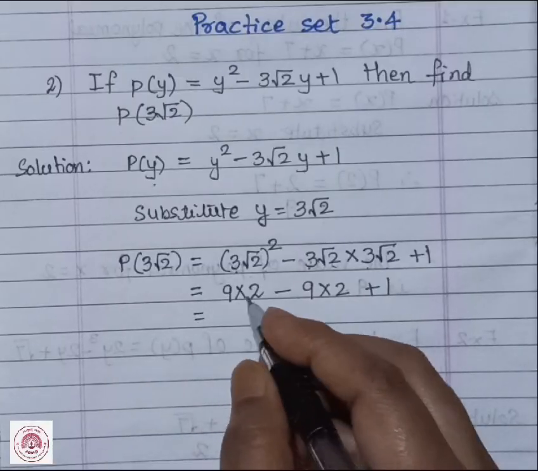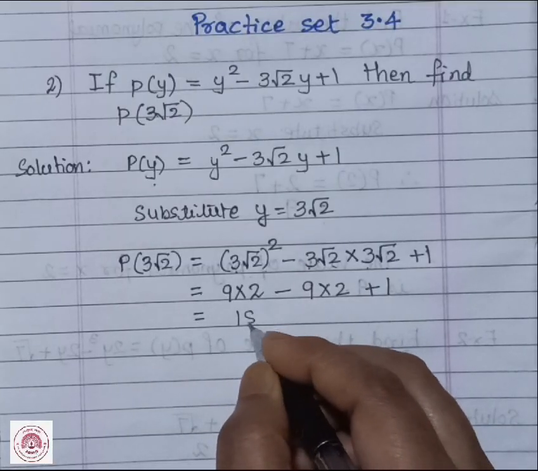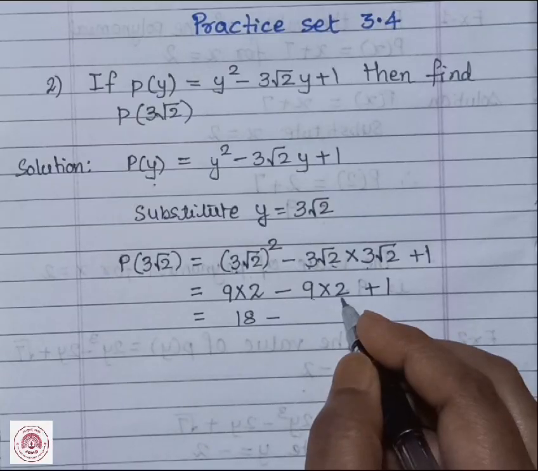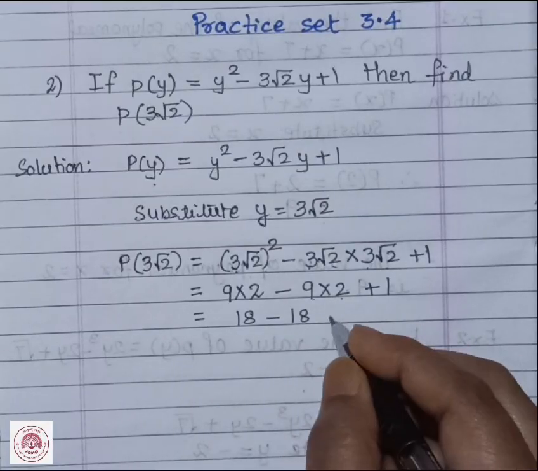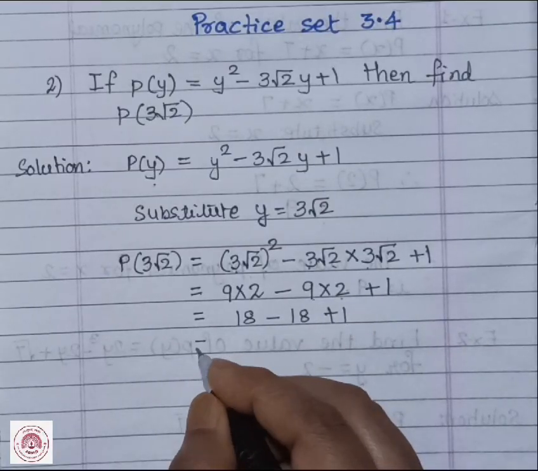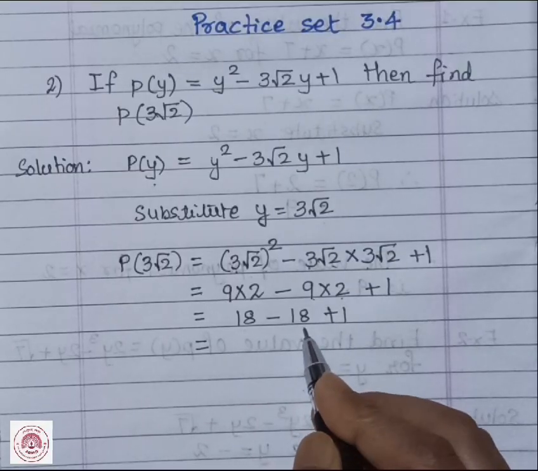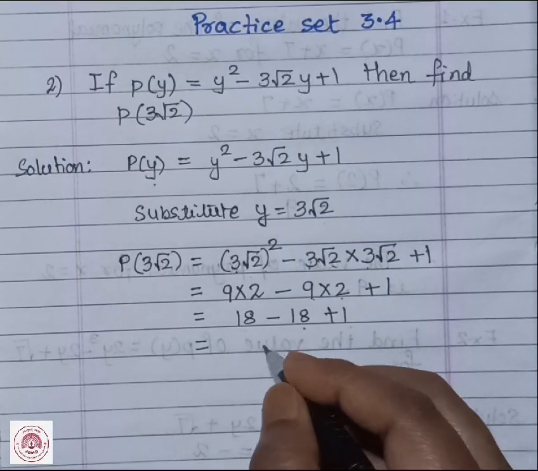Which is equal to 9 into 2 is 18, minus 9 into 2 again 18, plus 1. So this is equal to 18 minus 18 is 0, plus 1 is 1.